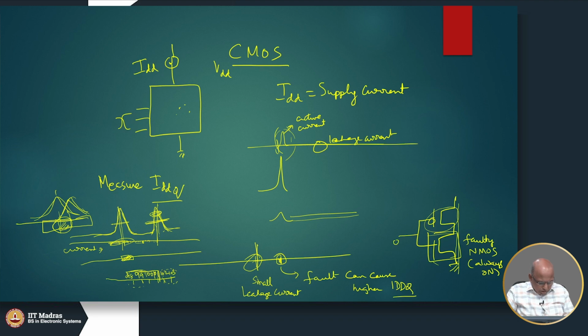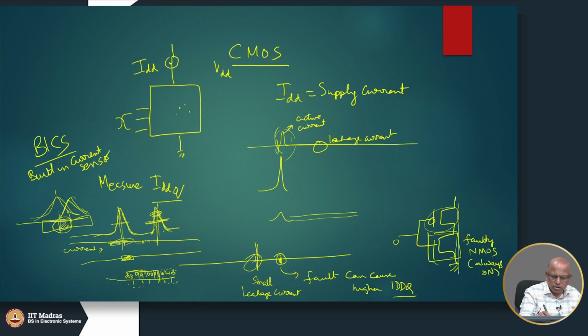There was a time when current sensors were inserted into the circuit to make those measurements automatic. So there were built in current sensors, added to the circuit so that the circuit can test itself. If the current value is high, the circuit itself could declare that there is something wrong.